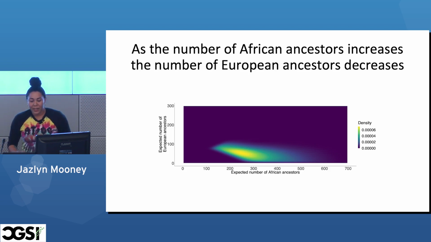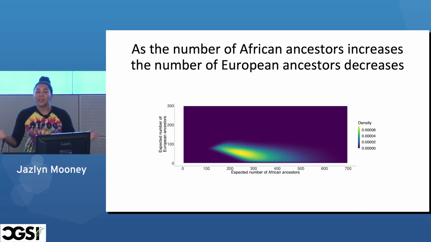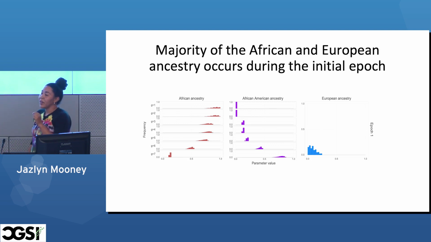But the other interesting thing is everything I've given you is just this bulk kind of, here's the number. We have this discrete model, so we can model this per generation. Here I've partitioned the first epoch of our model into per generation ancestry contributions. What you'll see is that at the beginning, if you're looking at an African American individual, most of your African ancestry is happening in that initial generation.